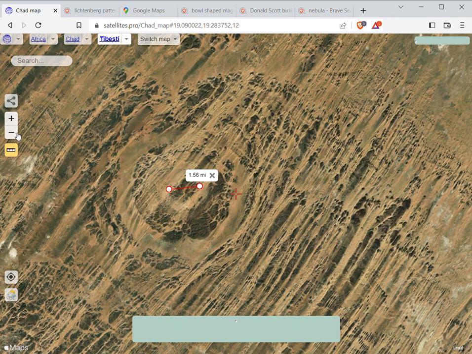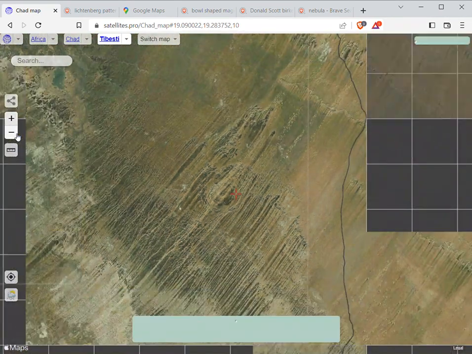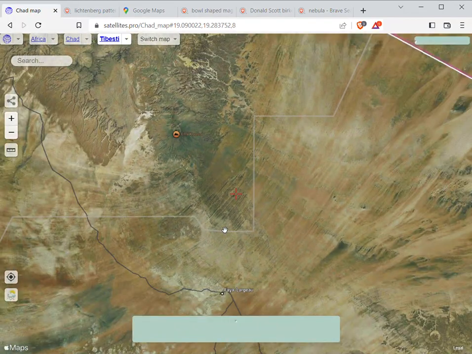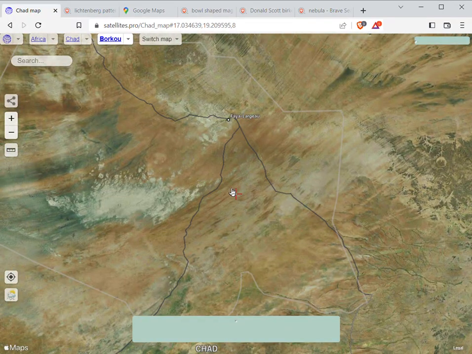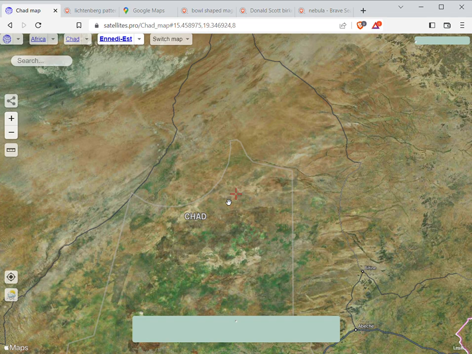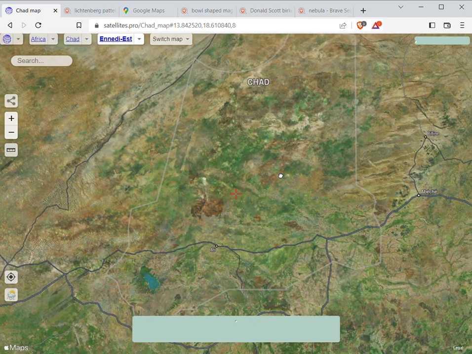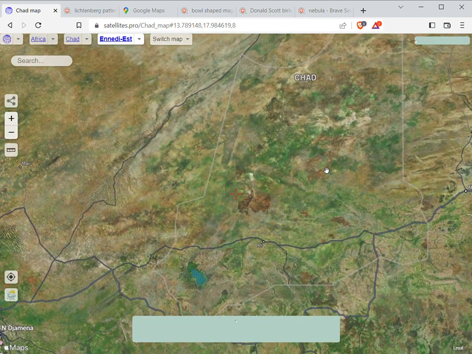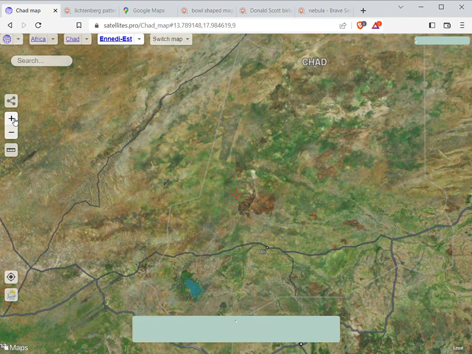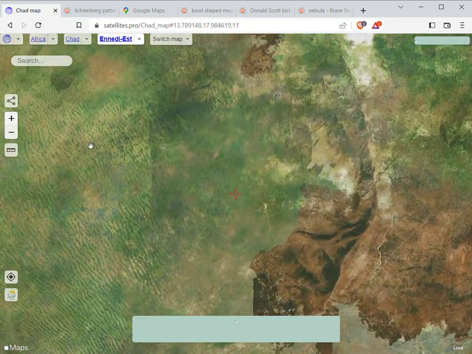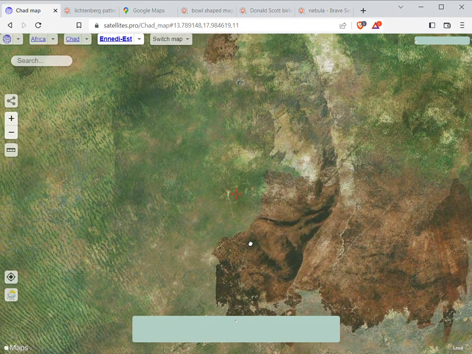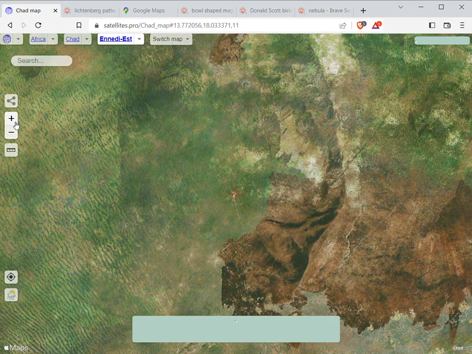I didn't even think about this at first when I noticed these, until the other day when I saw this feature, because of what I think is happening, if you go back to these scars down here. Where are we, Chad? Somewhere in Chad, right around here, there are those ghostly features. I'm going to zoom in. I think we're a little bit over. That might be one of them over here. Just stay on that. We'll see.